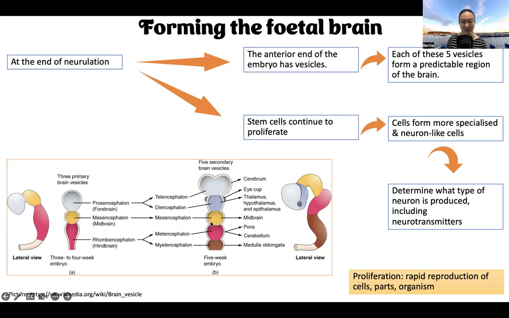The mesencephalon becomes the midbrain. The metencephalon becomes the pons and cerebellum, or it's divided into pons and cerebellum. And then the myelencephalon develops into the medulla oblongata. Here is the lateral view.